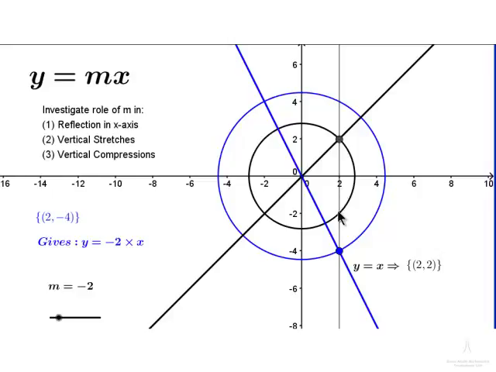And then it will be stretched by the factor 2. So then that -2 is multiplied by 2 to get -4. So when the parameter value is -2, it's actually a combination of two things. You reflect it in the x-axis and thereafter stretch it by the factor 2. Or you could first stretch it by the factor 2 and thereafter reflect it in the x-axis.